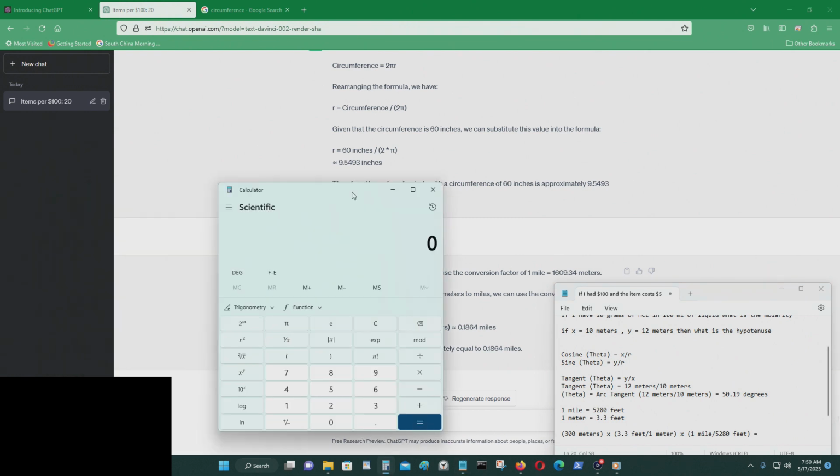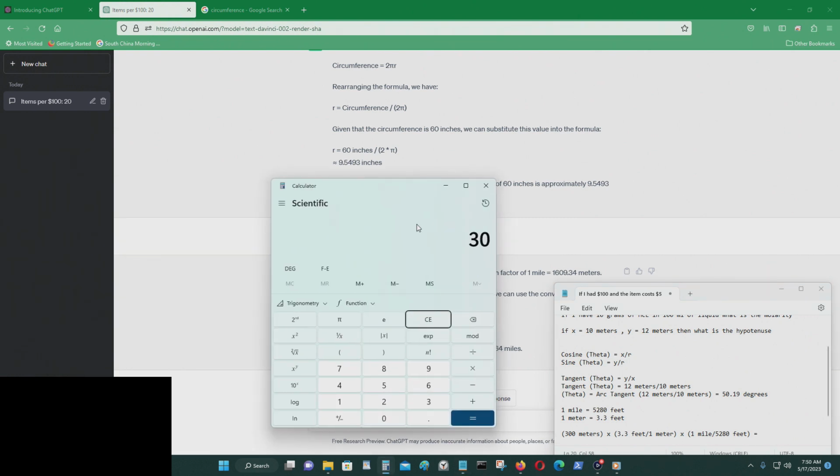Do my calculation and see if that's what I get.